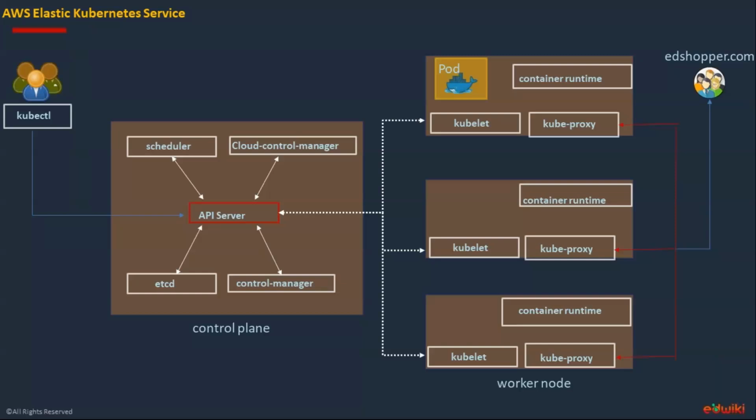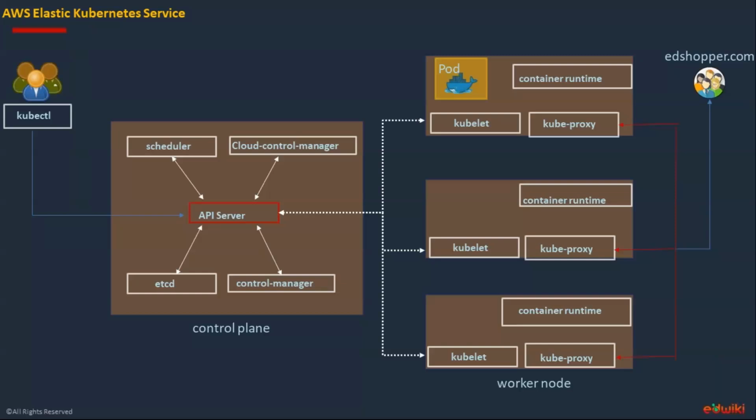The pod is the abstracted layer created on top of the container, so that all the container properties will now become the pod properties, right? Whatever is happening inside a container, all those properties and characteristics will be assigned to a pod, which is another abstracted layer created on top of the container.